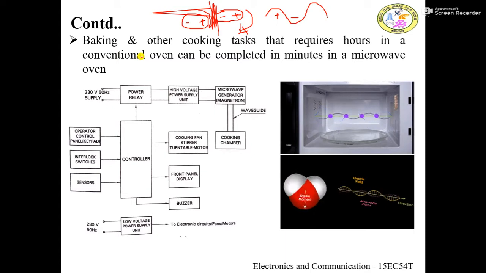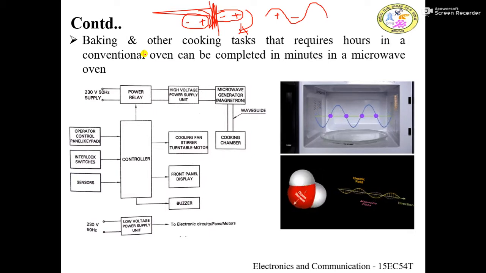So what is the difference between the conventional way of cooking and the modern way of cooking? Obviously the cooking time will be greatly reduced with the help of a microwave oven, because the heating occurs from inside to outside, not from outside to inside. In the conventional way of cooking, you place the food in a container, and that container pan is placed on the gas stove.